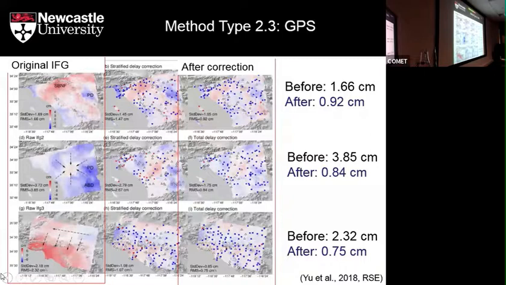But one of the big problems for GPS is the station spacing. For example, for this interferogram, if we only have a very sparse GPS network of only 80 kilometer station spacing, we can have only 1.7 centimeter performance of the correction.